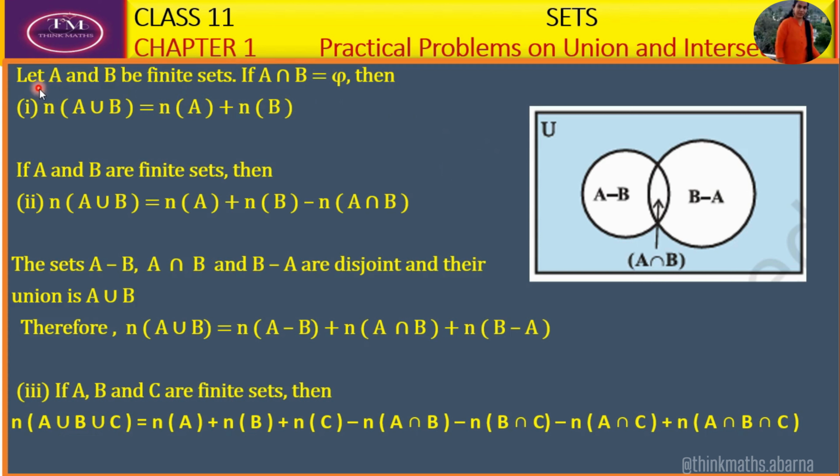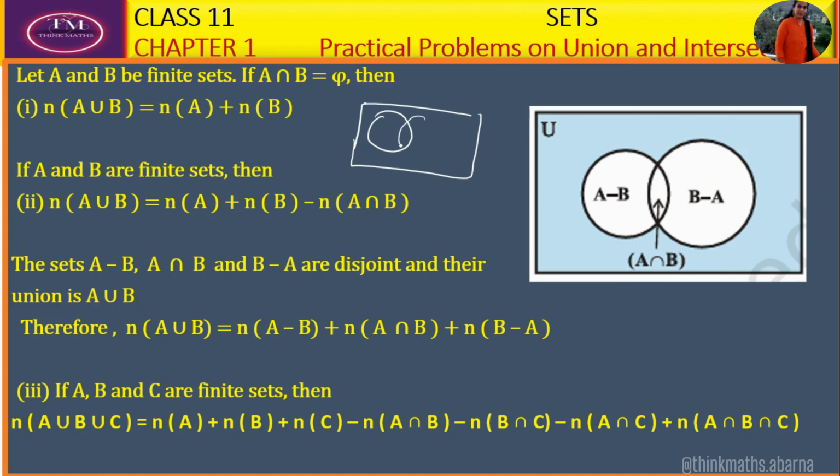Now let A and B be finite sets, and if A intersection B is equal to the null set, that means there are no elements in A intersection B. Then the number of elements in A union B will be equal to the number of elements in A plus the number of elements in B. This is the way to represent it in a Venn diagram.